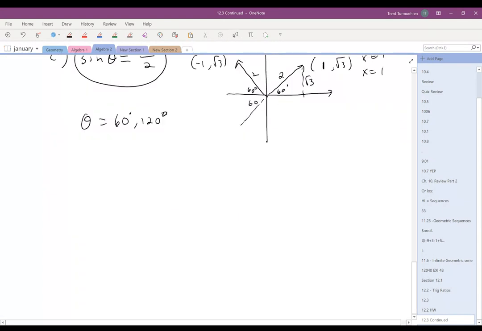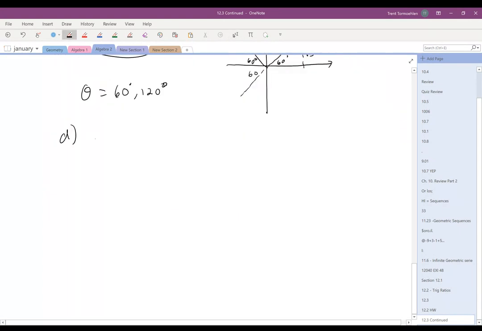All right, and then number two, or another example, is one like this, where you have the cosine of theta equals negative 1/2. So for this one, if you've got cosine theta equals negative 1/2, then we know that the cosine is negative in quadrants 2 and 3.